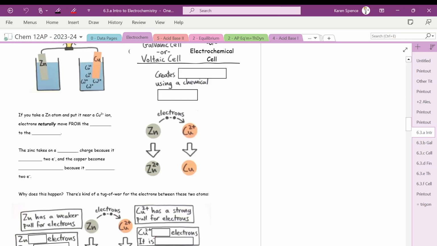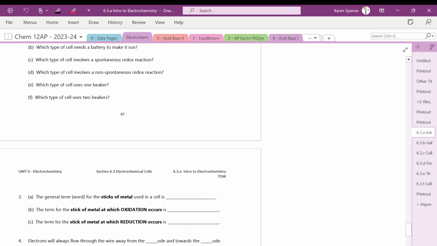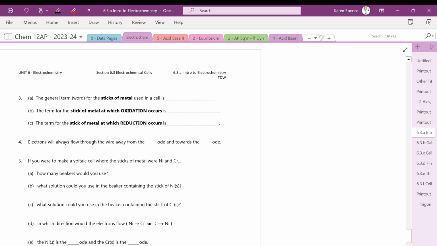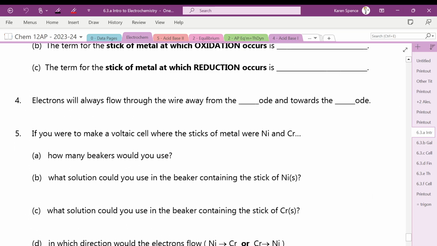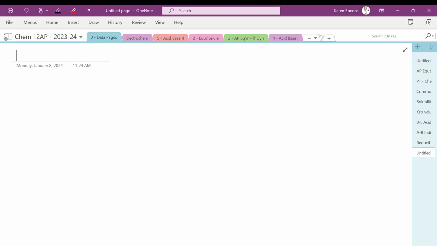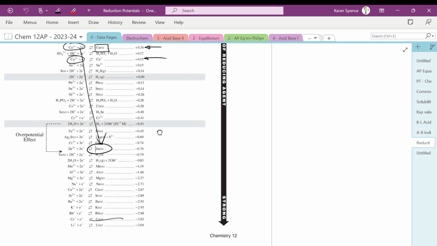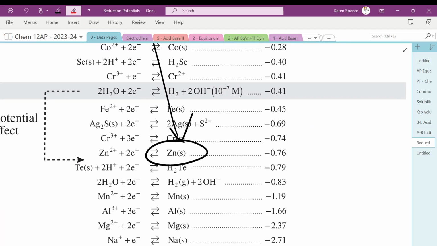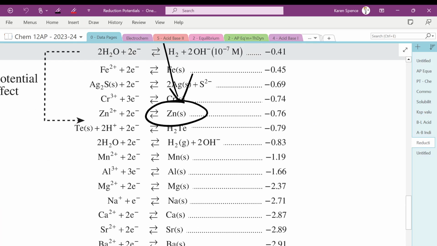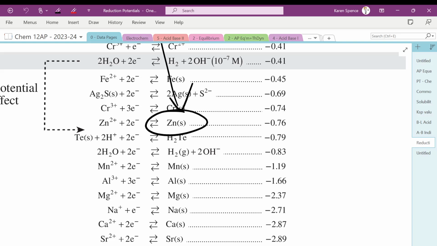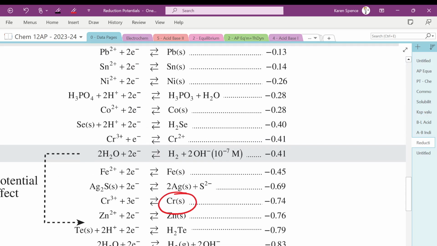Why would we use 2 beakers for number 5? We would use 2 beakers because, let's look up and see which one we have here. We have nickel and chromium. Chromium is here and nickel is here.